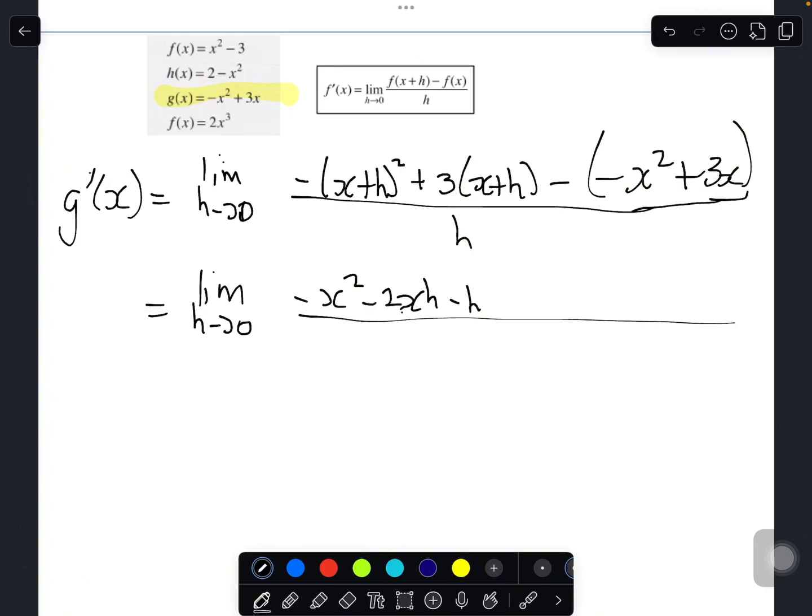Minus h squared plus 3x plus 3h plus x squared minus 3x all over h. Okay, now let's see which terms cancel off. I have this negative x squared, I have this positive x squared, I have this plus 3x, I have this minus 3x.